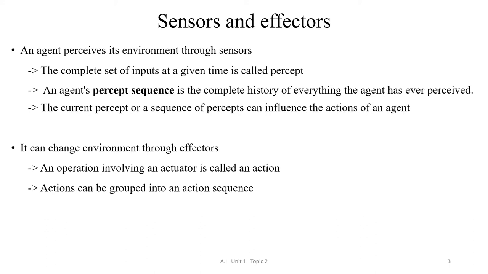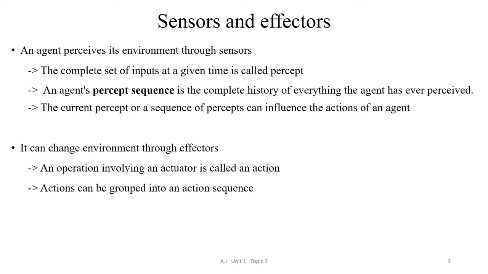An agent perceives its environment through sensors. The complete set of inputs at a given point of time is called a percept. The complete history of everything the agent has perceived is known as the percept sequence. The current percept or a sequence of percepts can influence the actions of an agent.